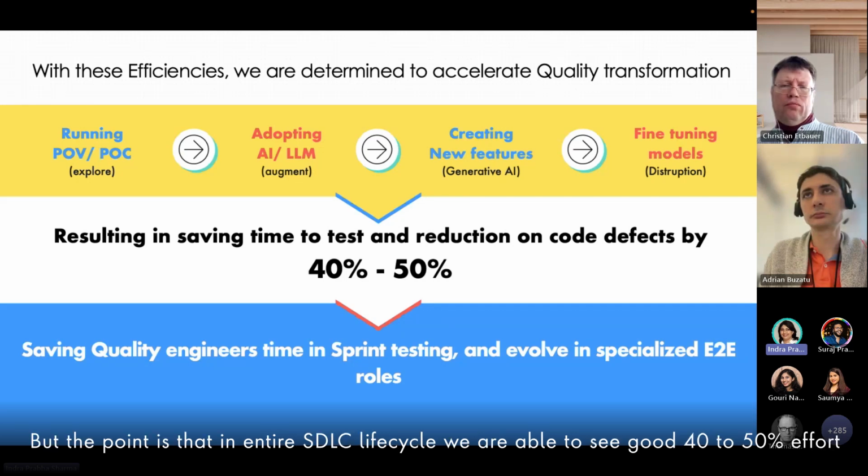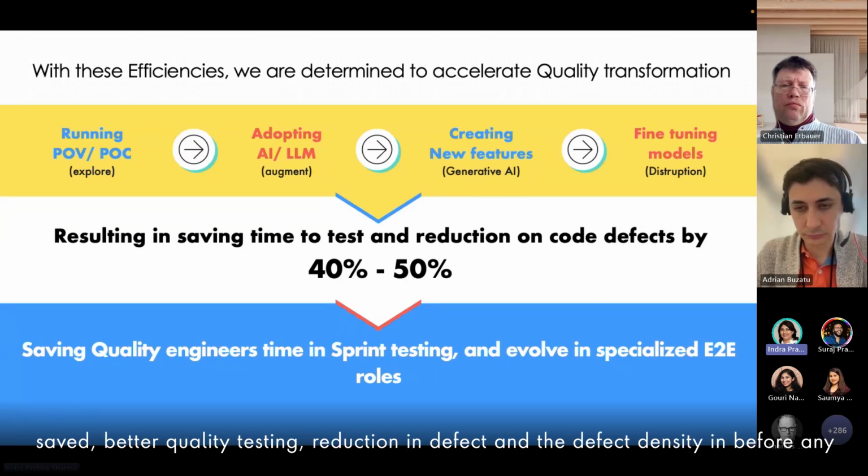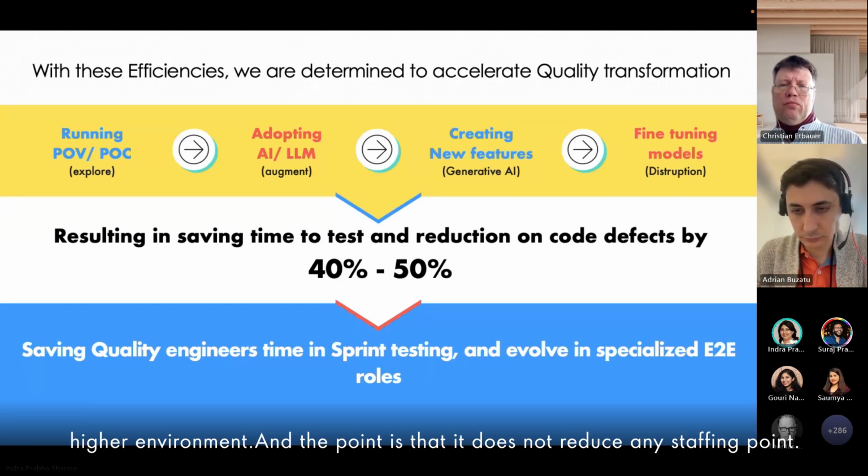But the point is that in the entire SDLC life cycle, we are able to see a good 40 to 50% effort saved, better quality testing, and reduction in defects and defect density before any higher environment.